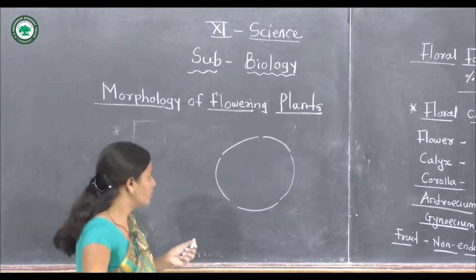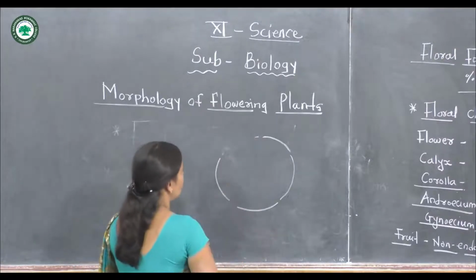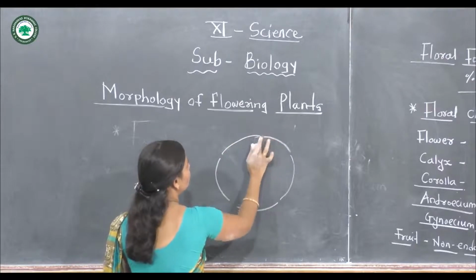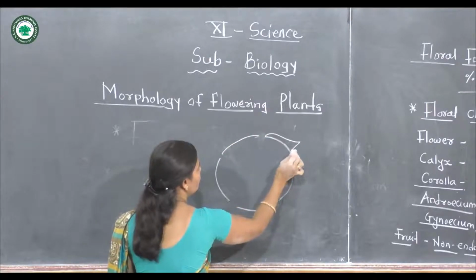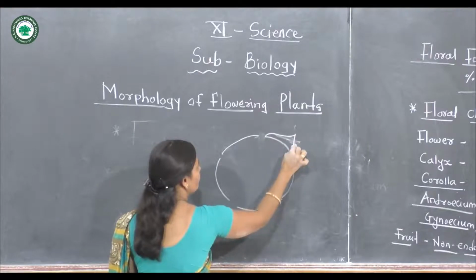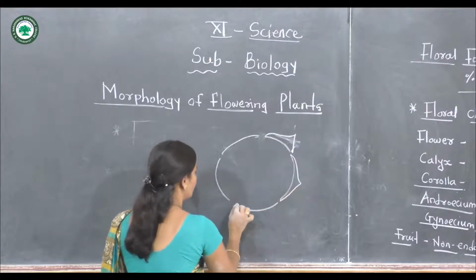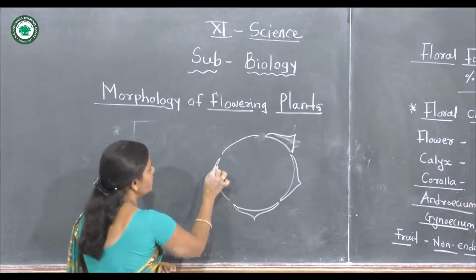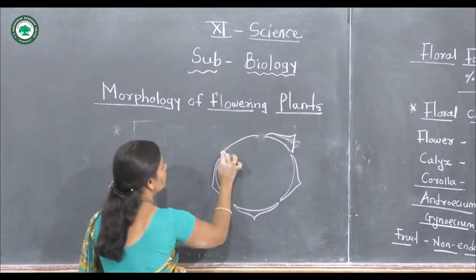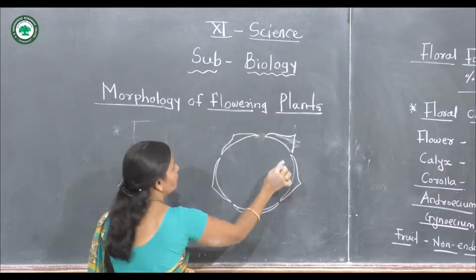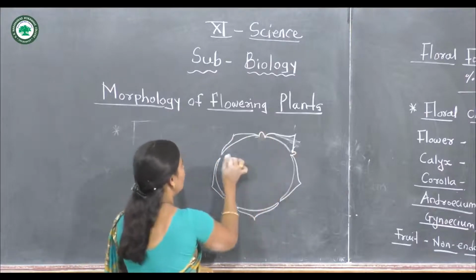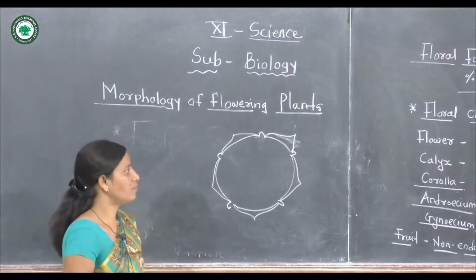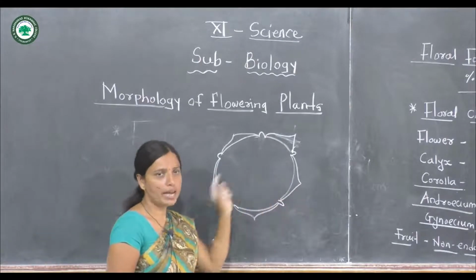These calyx or sepals are fused to each other, and in some flowers it is a valvate type of estivation.